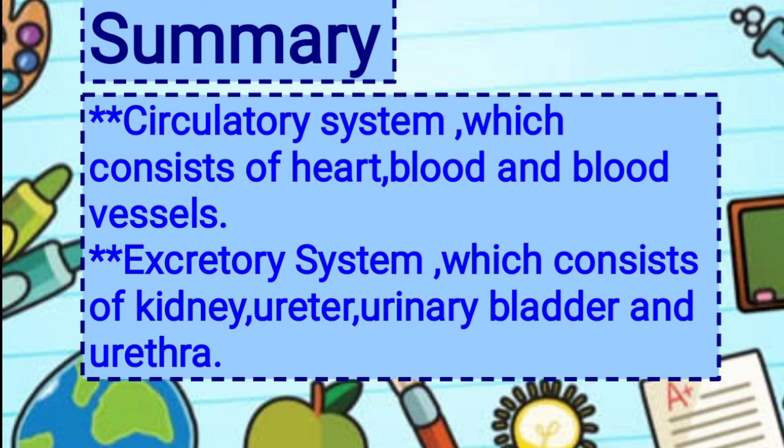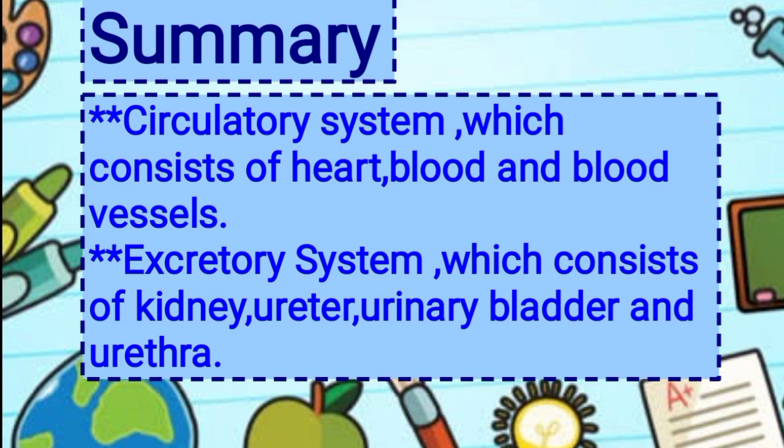Then we have learned about excretory system, which is an organ system that helps in getting rid of waste formed inside our body. And this system consists of a pair of kidneys, a urinary bladder, a pair of tubes called ureters, and urethra. And what is the function of excretory system? The formation of urine takes place inside the kidney. Then urine contains harmful waste products formed inside the body.